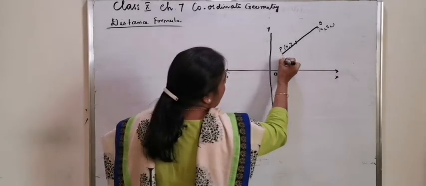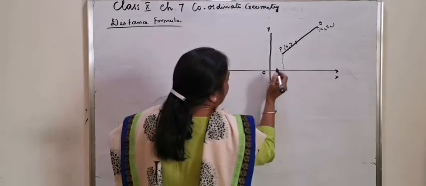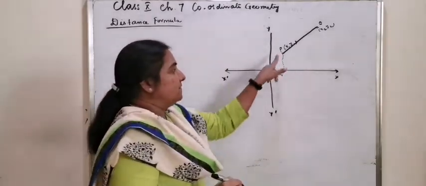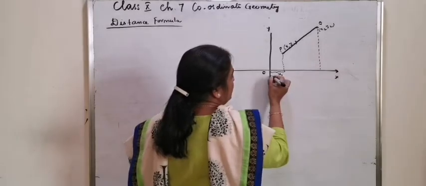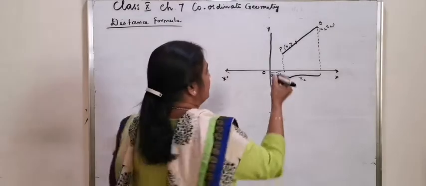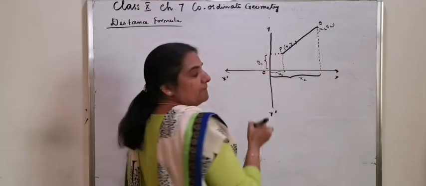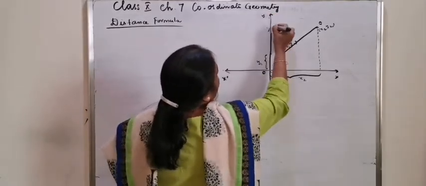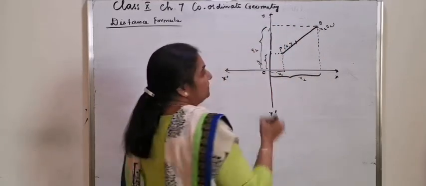If you draw a perpendicular from the point P, this distance will give you the coordinate x1. Similarly, the perpendicular from Q, the distance from the origin is x2. Similarly, this distance will be y1 as well as this distance will be y2.